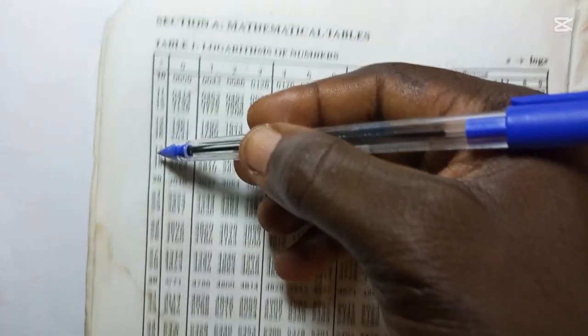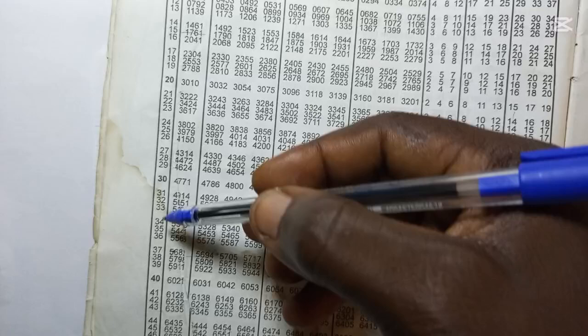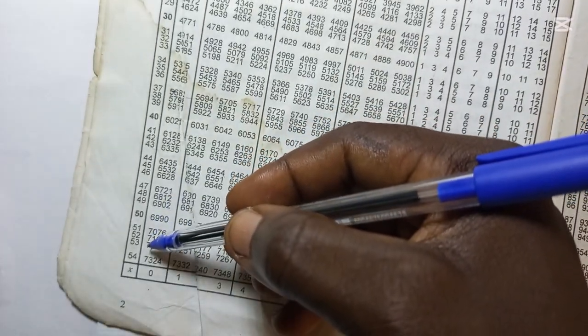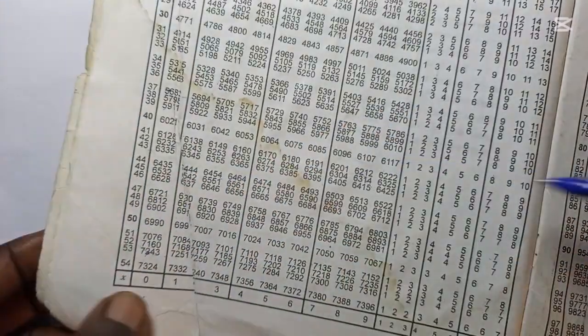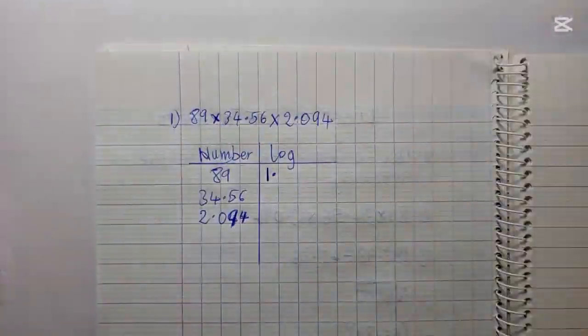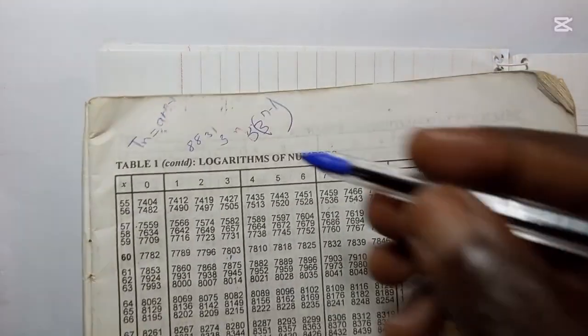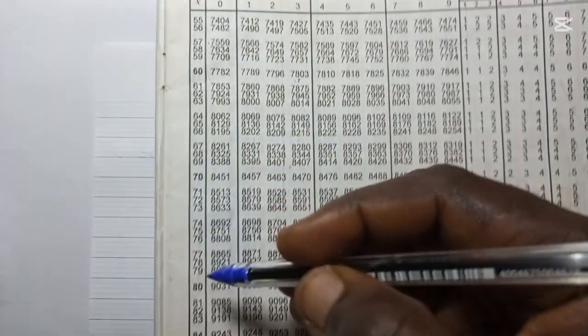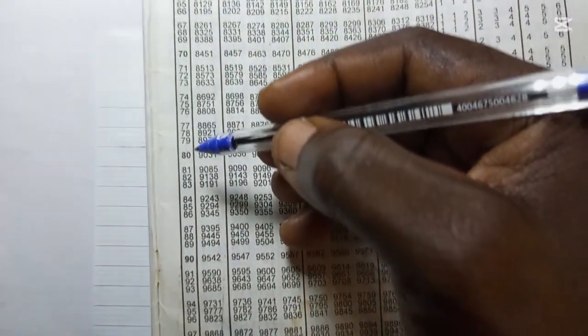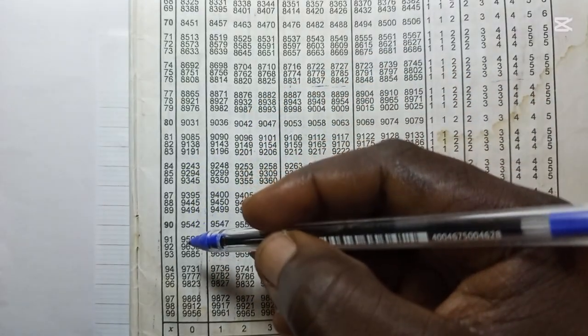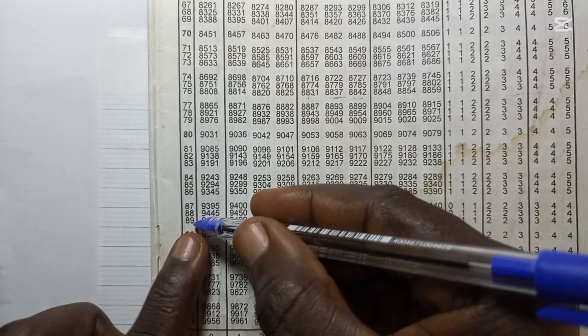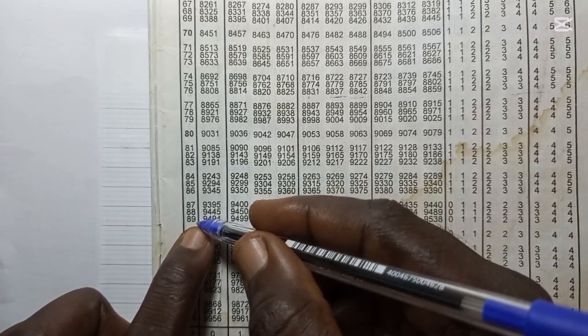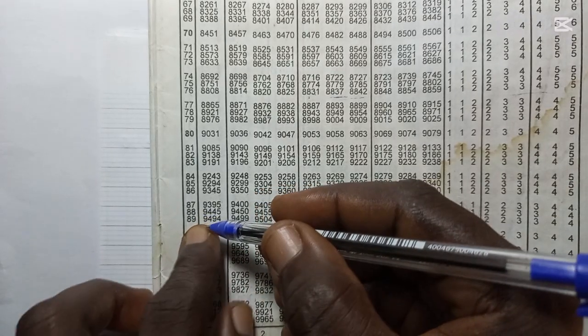Scroll down to look for 89. 89 is not here, so we'll move to the next page. Look for 89. Here, this is 89.